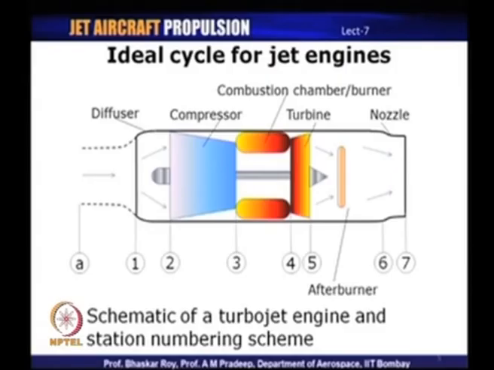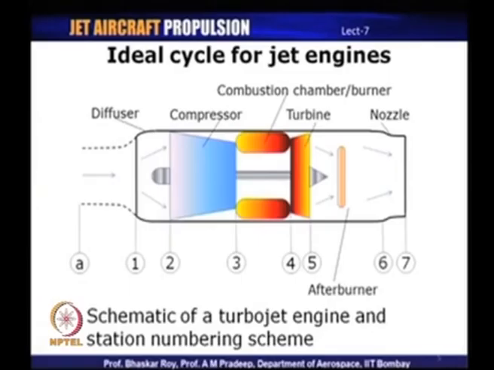So, these are the different components which constitute a turbojet engine, and there are some numbering schemes that you can see here, where each component is denoted by a certain number, which is just used in the cycle analysis that we will do for the actual turbojet engine in later lectures.